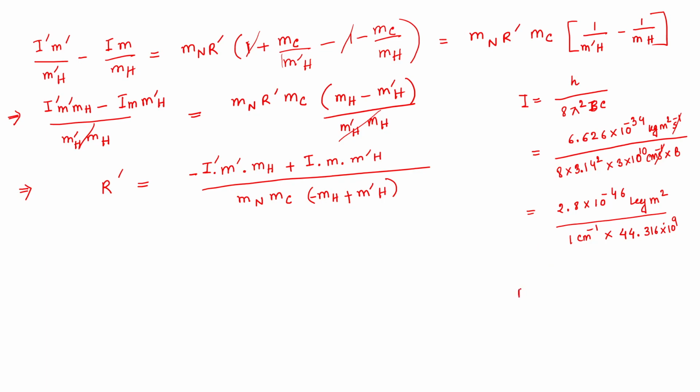So B is in centimeter inverse, and you need to multiply B with the C. So this value is actually given as B into C, which is centimeter second inverse.